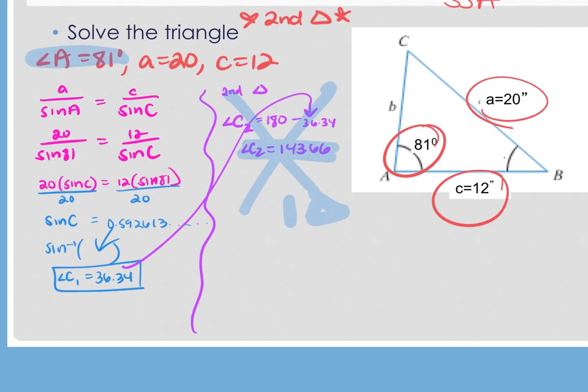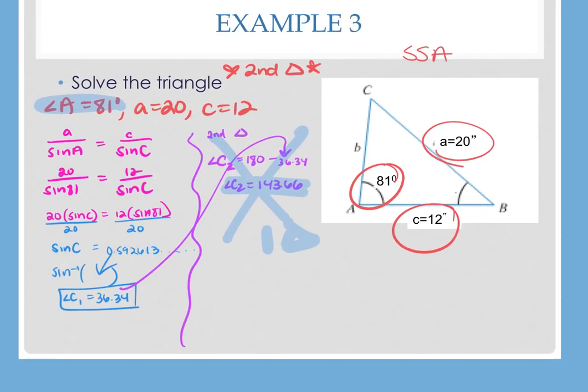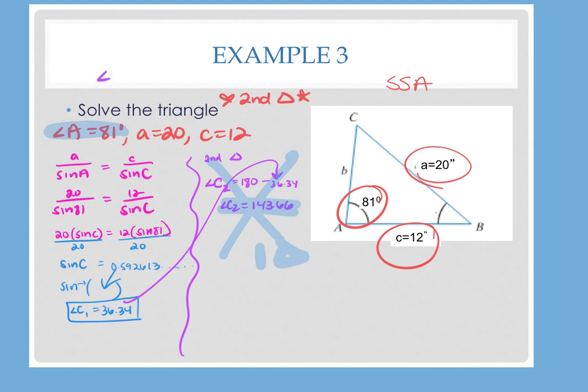So now I have to finish out my first triangle. In my first triangle, I was missing angle B, I was missing angle C, and I was missing side B. I just found angle C, 36.34 degrees. Now I gotta find both B's.